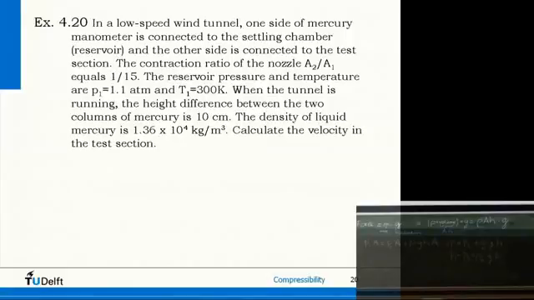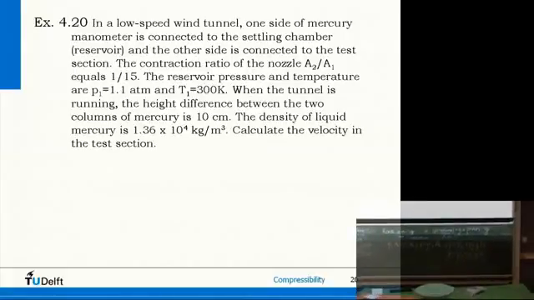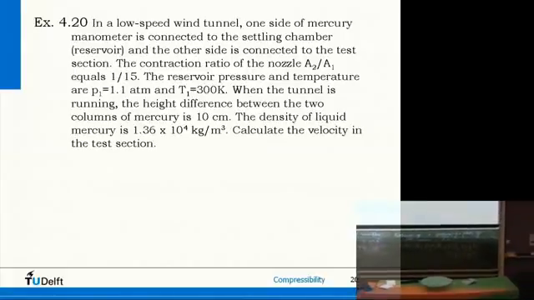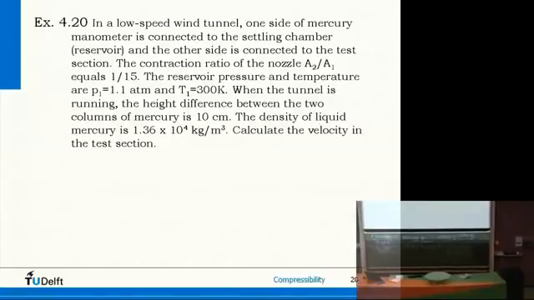Any idea how we can find the velocity? What relation would you first think of for velocity? Yes, very good idea. Can we use the Bernoulli equation? First check, so good idea. Velocities and pressures, Bernoulli equation. Only we have to have low speed subsonic flow.